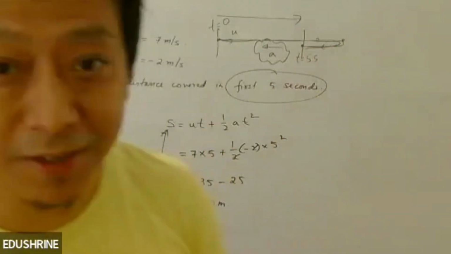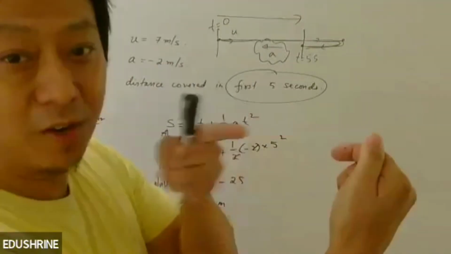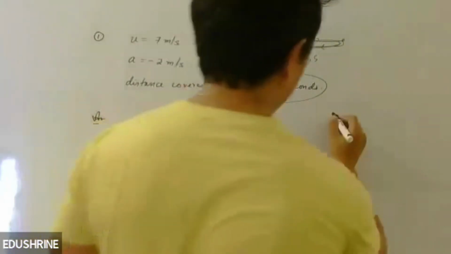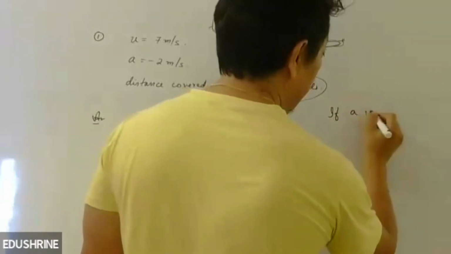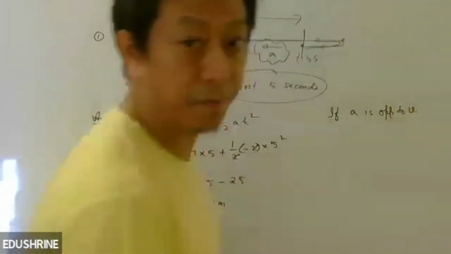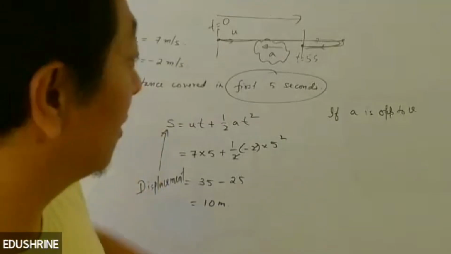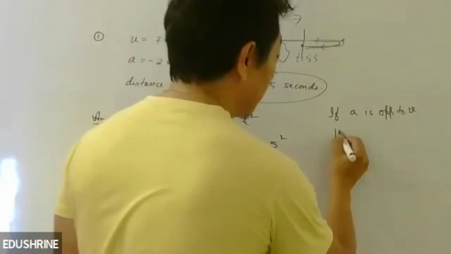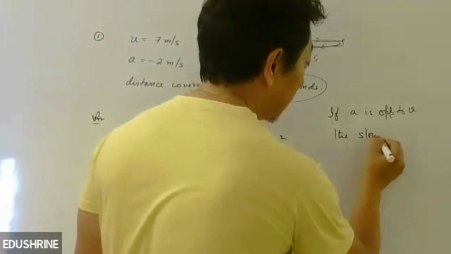So whenever acceleration is opposite to velocity, the body will slow down. Mention that: if A is opposite to V, then the body will slow down.